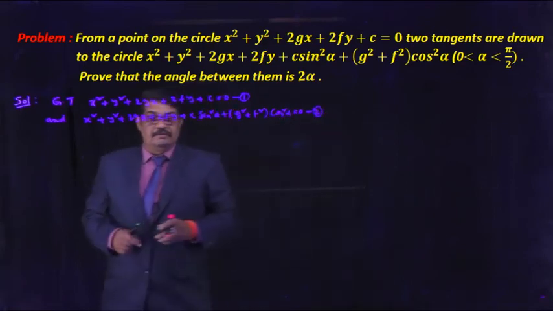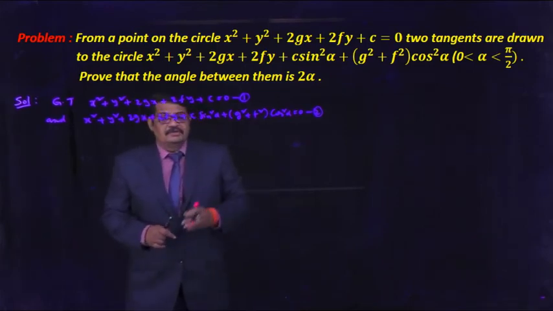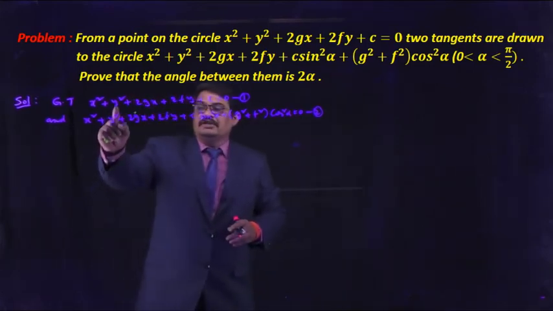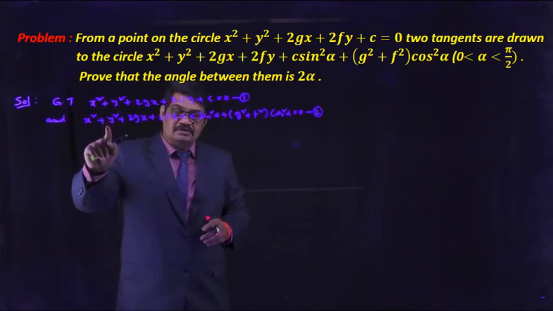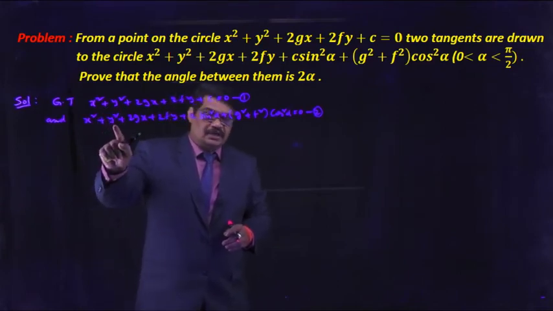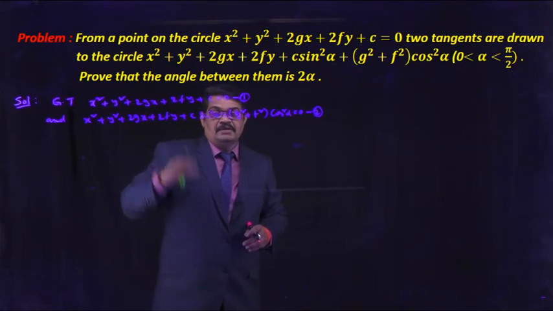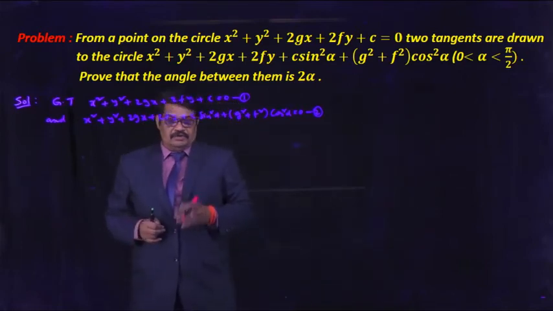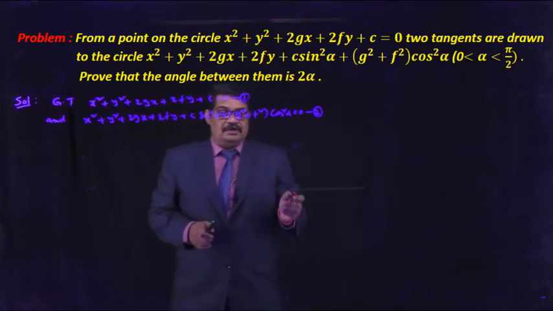These are the given two circles. Here take a point on the circle and draw the tangents from the point to the second circle, and the angle between them is 2 alpha. That is our problem. See the diagram.